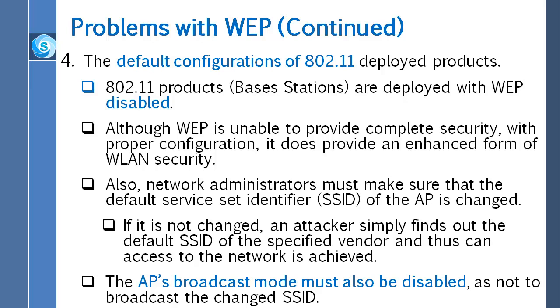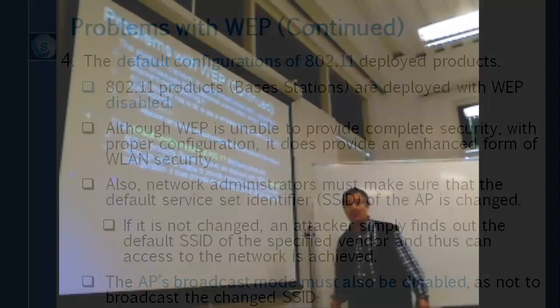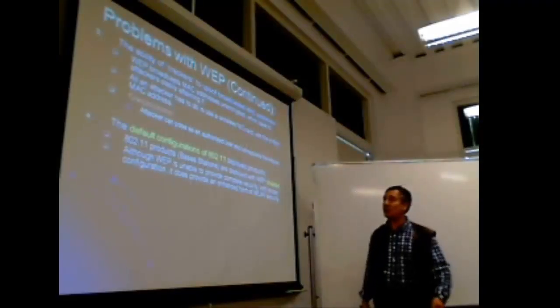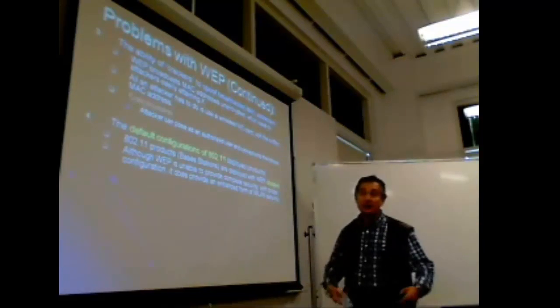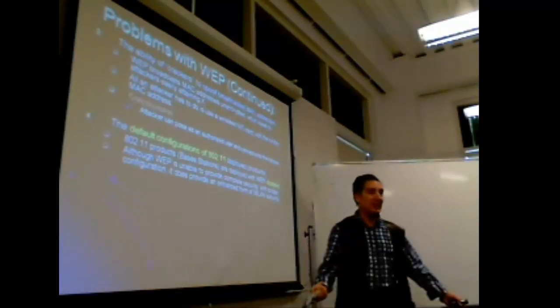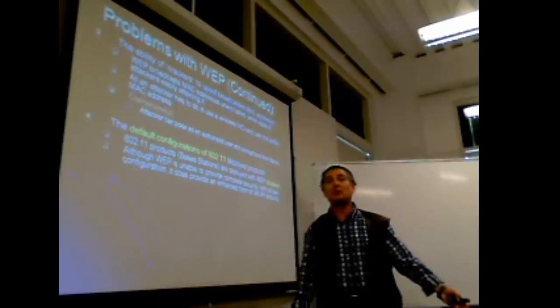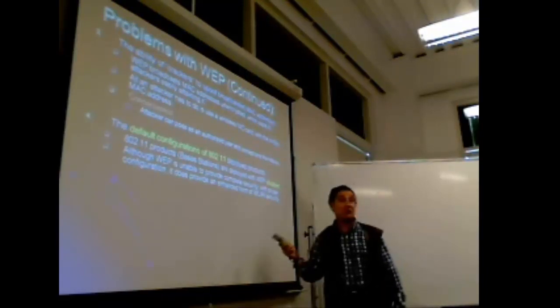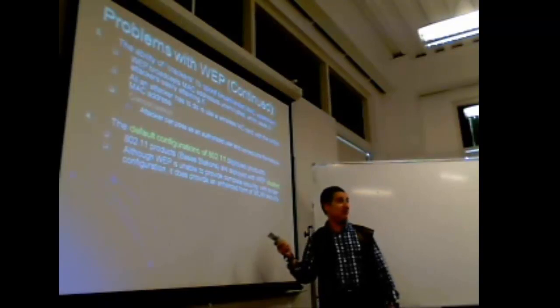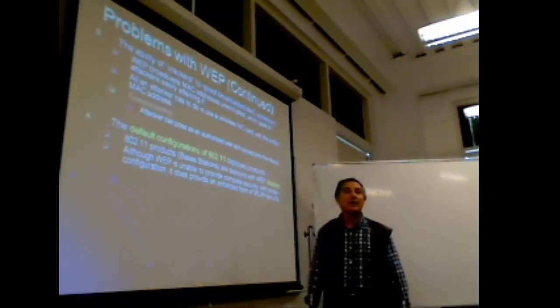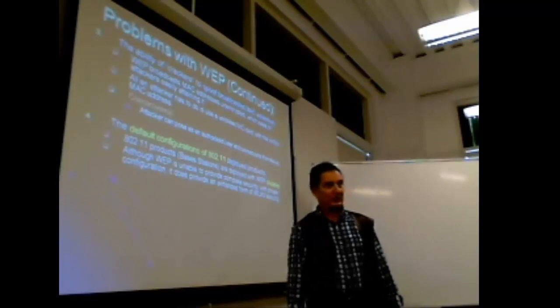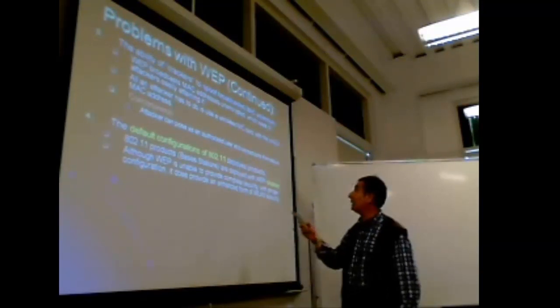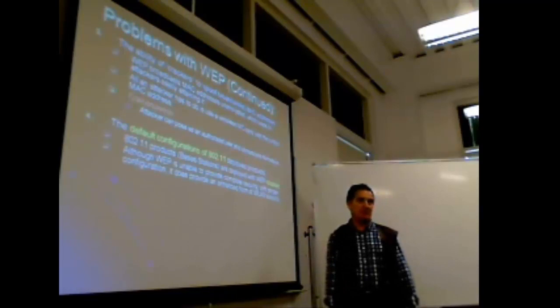But if you are trying to exchange some sensitive information, like let's say you work in a private company that is a defense contractor, and you are working on secret government-related projects, it's going to be very difficult for you to transfer any file related to that secret project by using your wireless device, if it is using WEP.